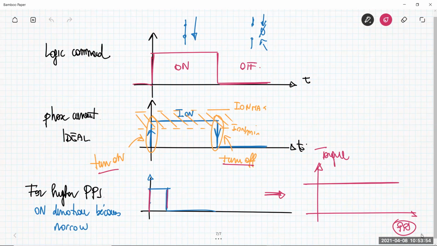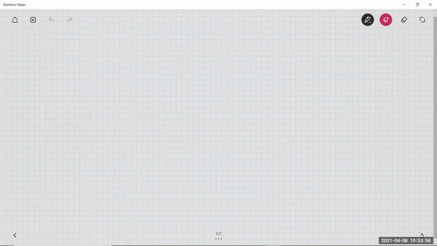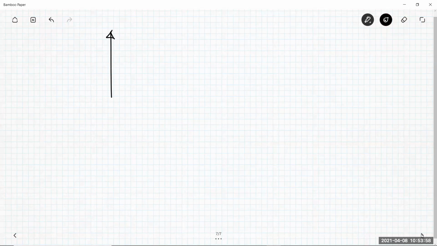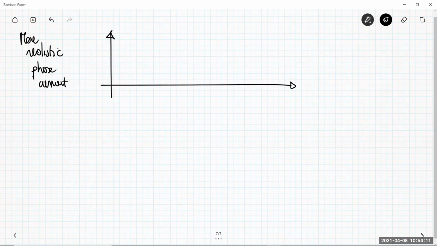Of course, this is just an ideal situation, because if you have a more realistic phase current provided by a practical driver connected to the command signal, something like this.